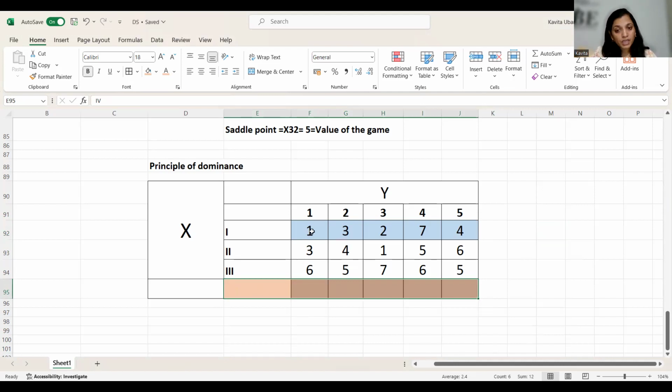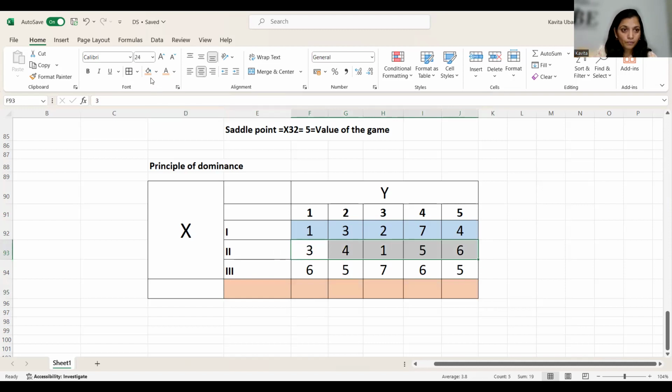Now again we apply the principle of dominance on rows, and then column-wise we can do that. You can do vice versa also. If you want, you can apply the dominance rule on columns first and then you can go for rows. Now, here we can see that row number 3, that is 6, 5, 7, 6, 5, again dominates the second row, this one.